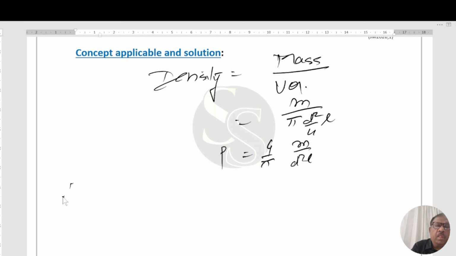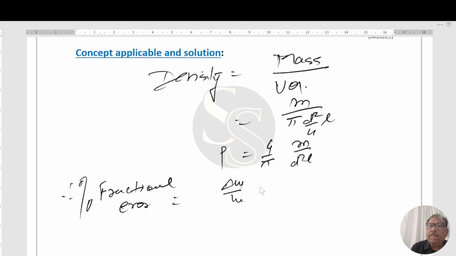Therefore, the percentage fractional error is equal to delta m by m plus twice delta d by d plus delta L by L, into 100.